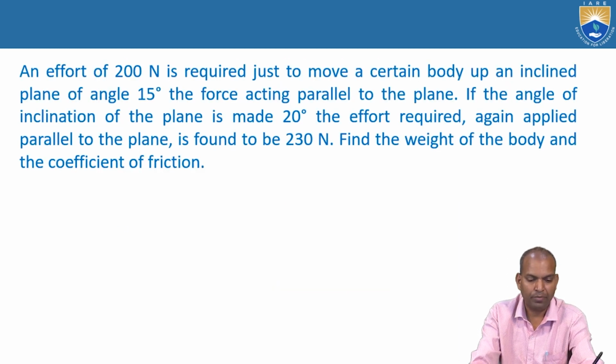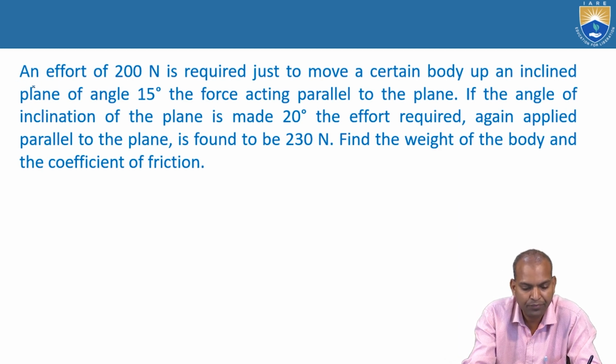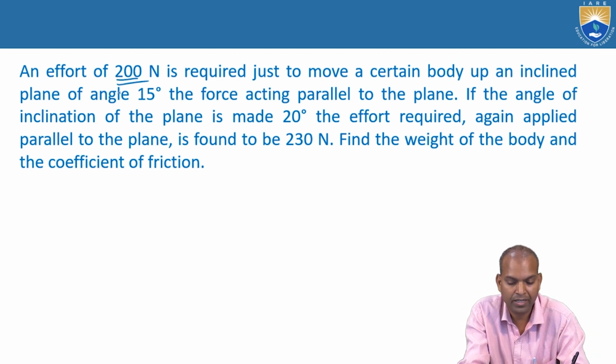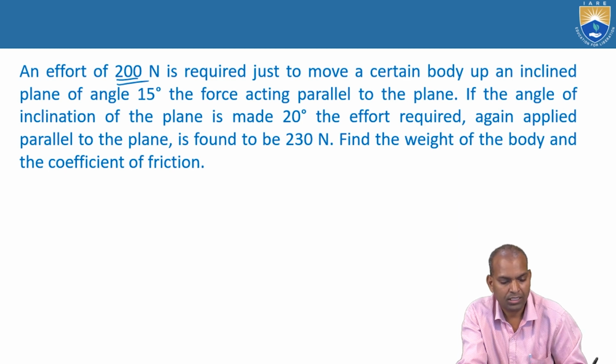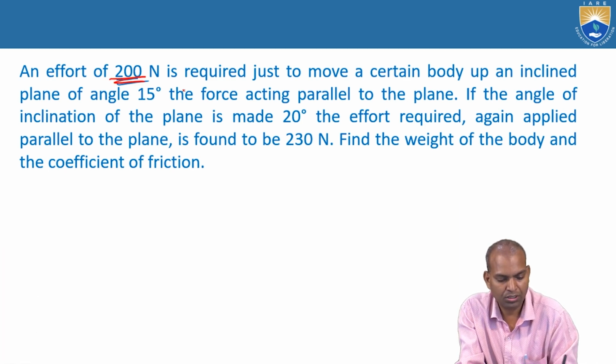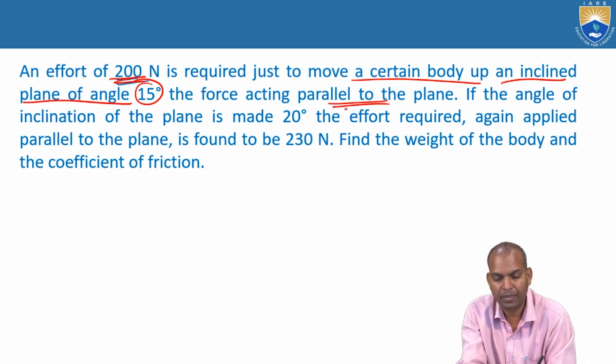Next, the final problem. An effort of 200 newtons is required just to move a certain body up an inclined plane of an angle of 15 degrees, the force acting parallel to the plane.